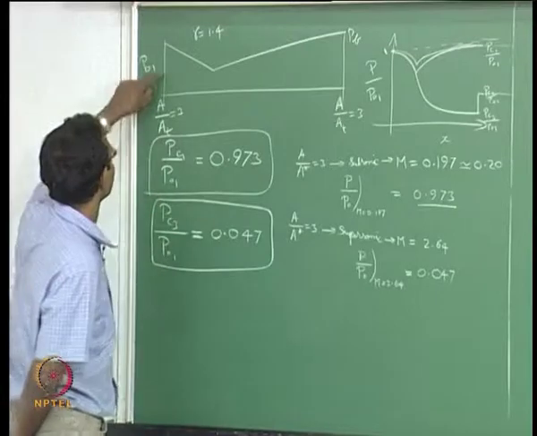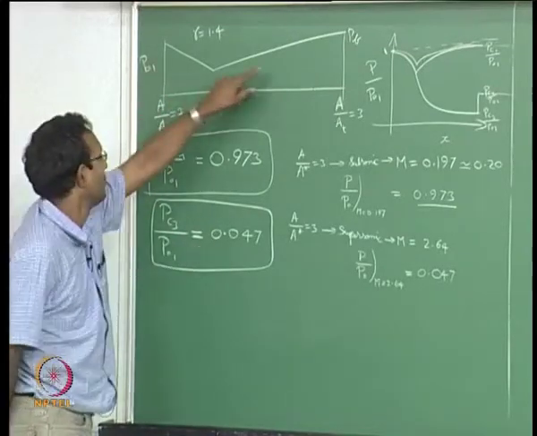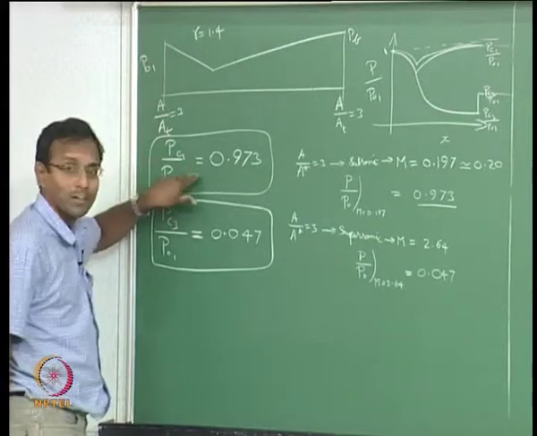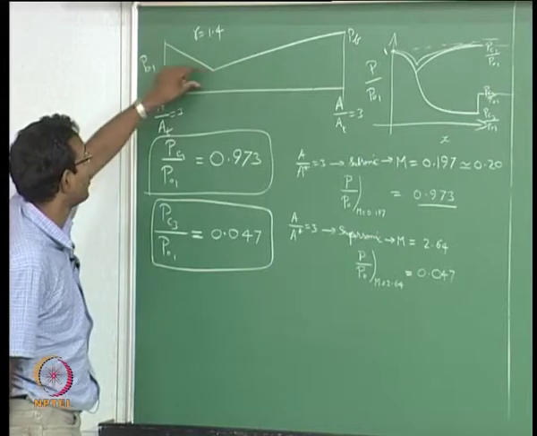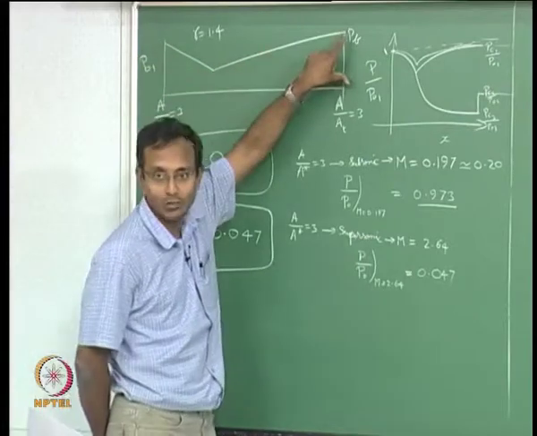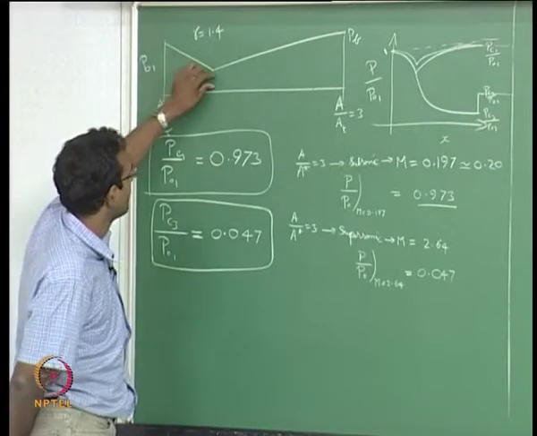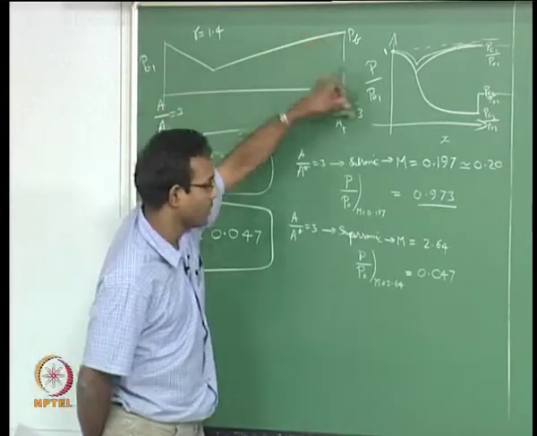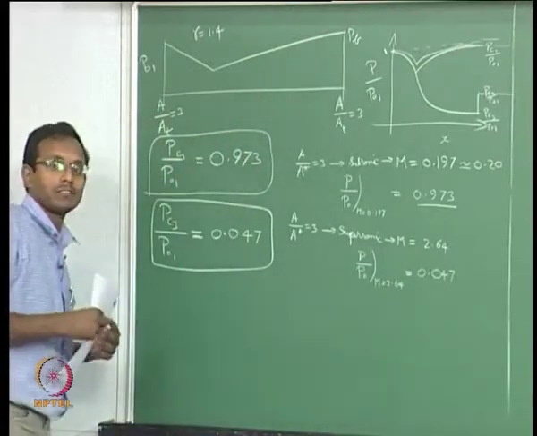That is what it should be, right. When I am in this condition, it is going to be 0.2. Even when I am at critical 1, it is also going to be 0.2. It goes from 0.2 to 1 and then decreases back to 0.2 if it is critical pressure 1. Otherwise, it is going to go from 0.2 to 1, and from 1 it is going to increase to 2.64 at the exit, depending on the conditions.